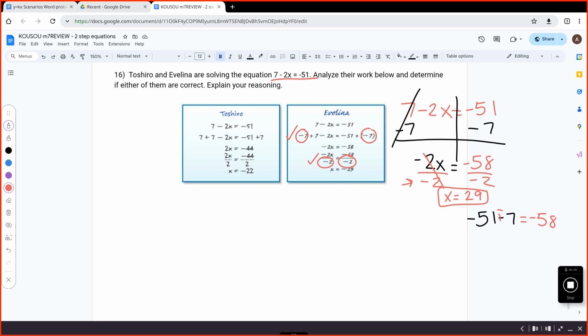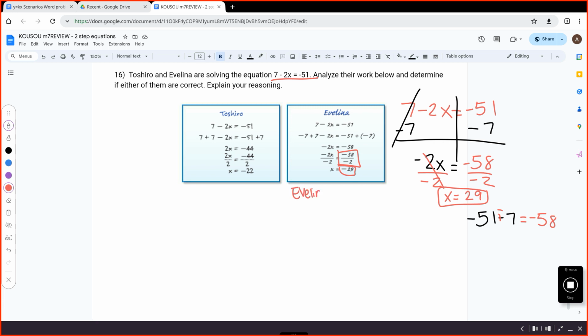So that was correct. Where she went wrong is when she divided negative 58 by negative 2, she got a negative number. And negative divided by negative is positive. So she's not right because a negative divided by a negative gets you a positive.